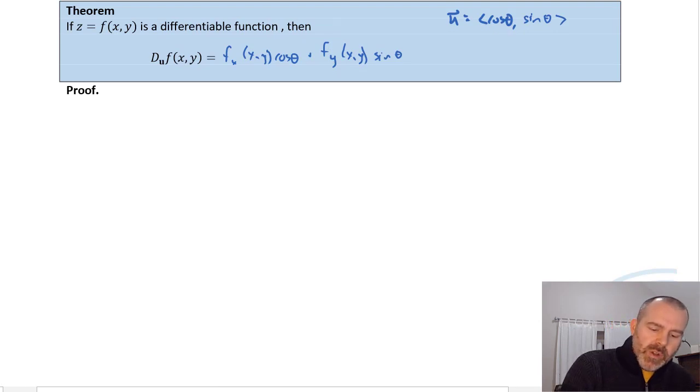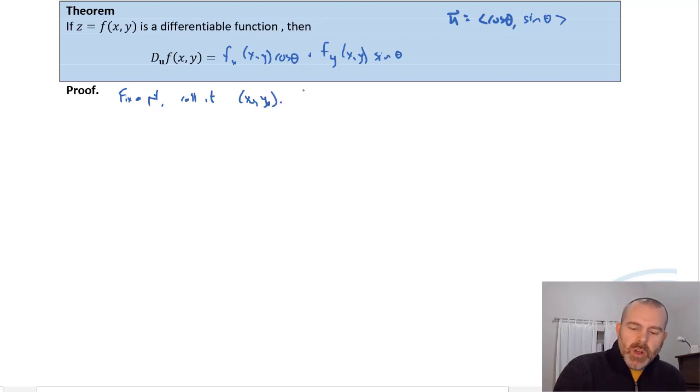So what we're going to do here is take a minute and prove this. To prove it, we're going to fix a point. Got to slow it down here. Call it x naught, y naught. And then recall, we have our line in the plane: x is equal to x naught plus t cosine theta, and y is equal to y naught plus t sine theta.